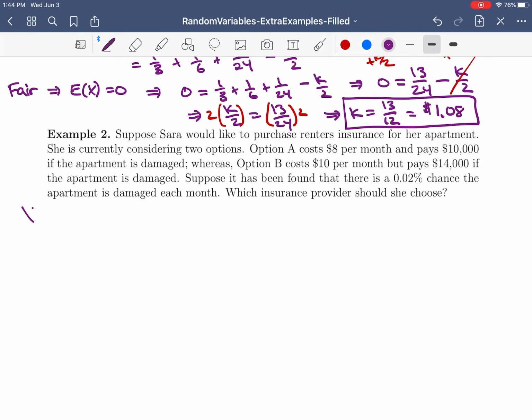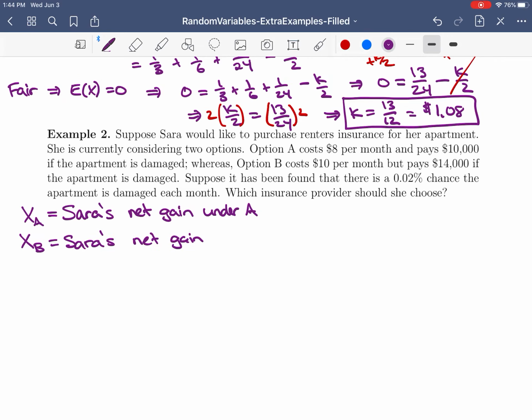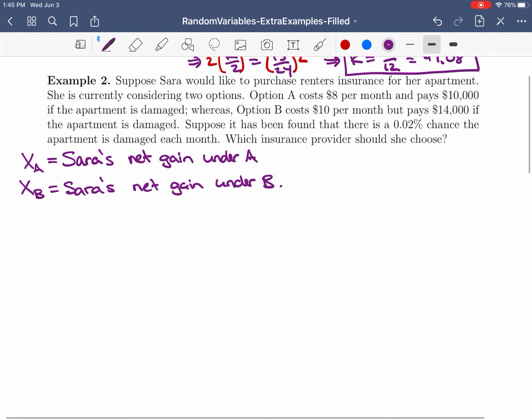So what I'm going to do is have 2 random variables. I'm going to call them XA and XB, and we want to compare these. XA is Sarah's net gain, let's say, under option A, and XB is Sarah's net gain under option B. Now we want to do each of these, starting with XA.